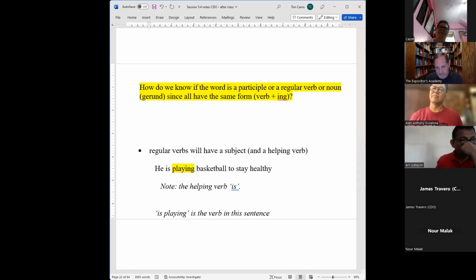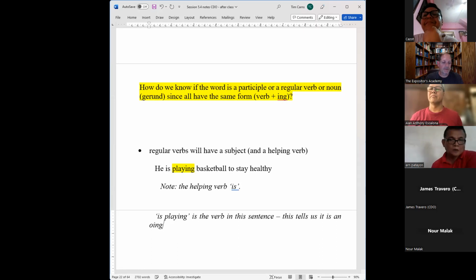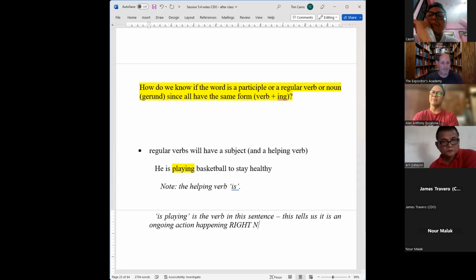Now, why is it done this way? Well, this is the way in English. This tells us it is an ongoing action happening right now.